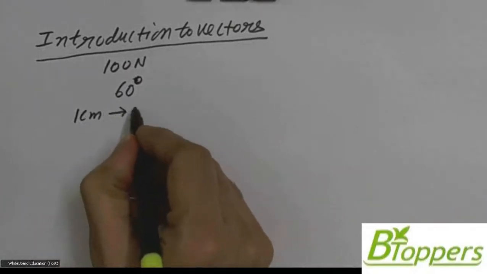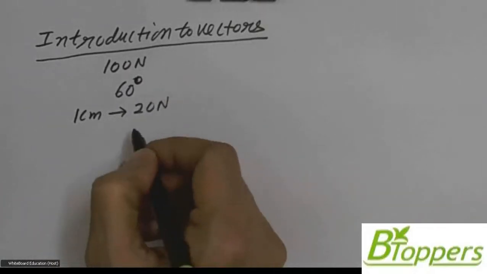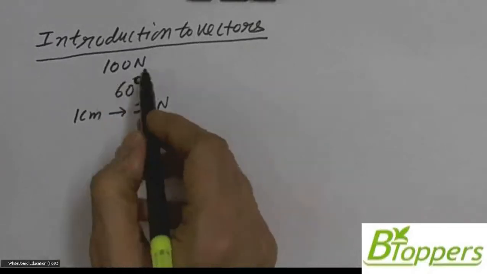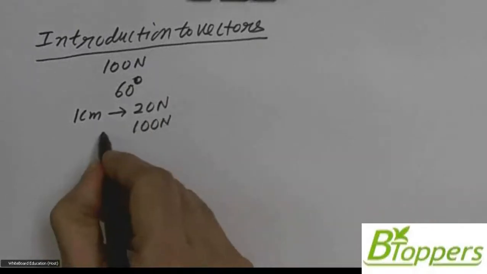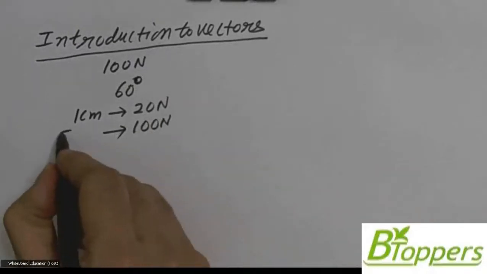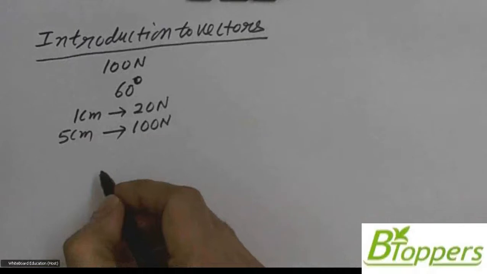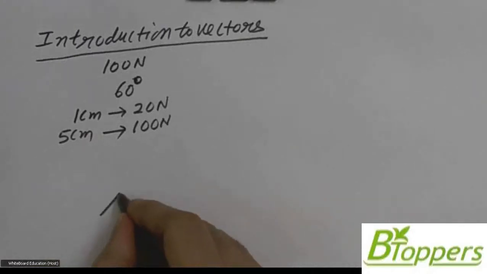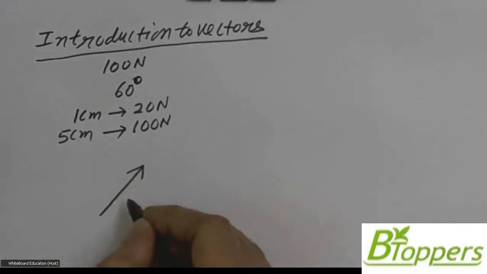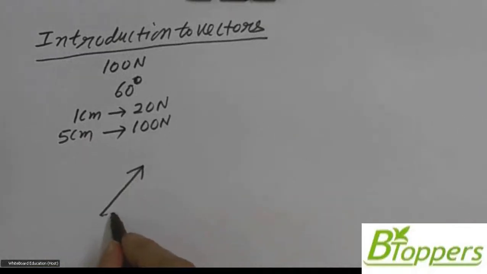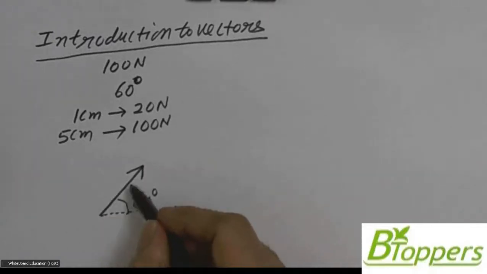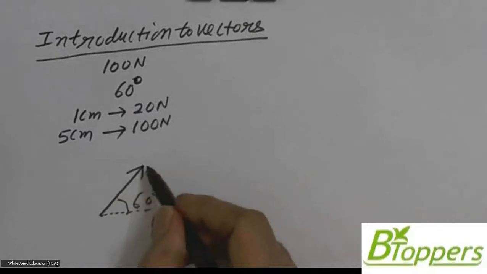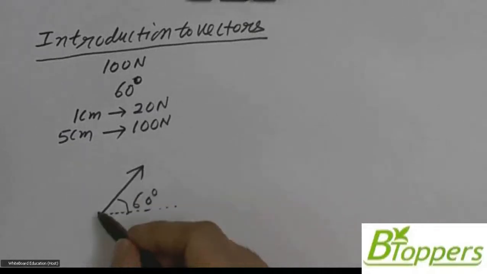1 centimeter length is equivalent to 20 Newtons. Therefore, if you want to represent a force of magnitude 100 Newton, you can draw a directed line segment of length 5 centimeter at an angle of 60 degrees above the horizontal. That means graphically a vector quantity can be represented by a directed line segment, a straight line with arrowhead.